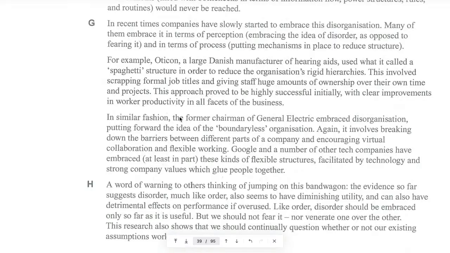Like in similar fashion, the former chairman of General Electric embraced this organization, putting forward the idea of the boundaryless organization. Again, it involves breaking down the barriers between different parts of a company and encouraging virtual collaboration and flexible working. Google and a number of other tech companies have embraced at least in part these kinds of flexible structures facilitated by technology and strong company values which glue people together.